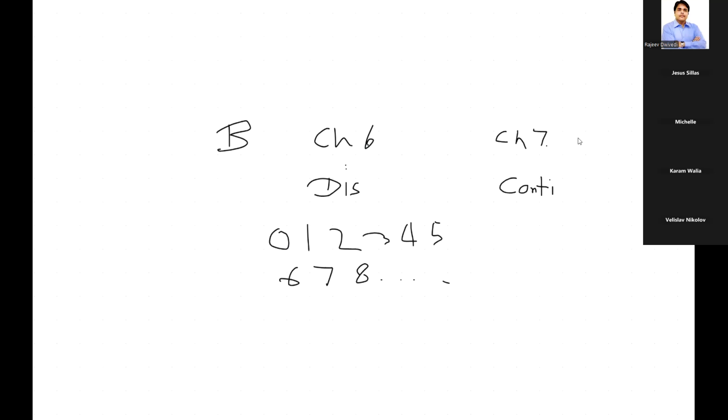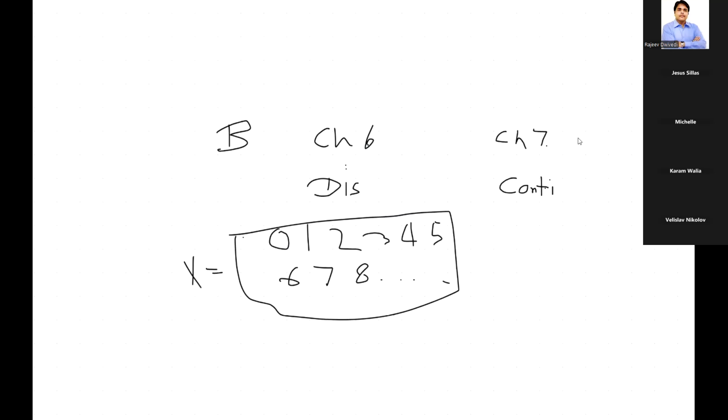Let's say if I say there are 12.5 cars in a parking lot, which is not correct, because either it can be 12 or 13 but not 12.5. So those are the possible values, integer values. Basically, discrete means our x value will be 0, 1, 2, 3, 4.